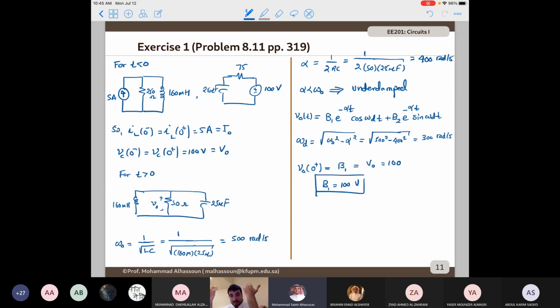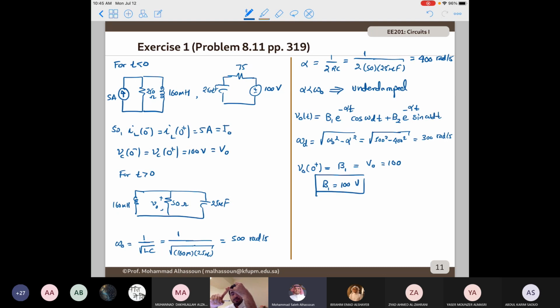In general, in differential equations, if you want to find the coefficients of initial value problems, you need to solve the function itself and its derivative.